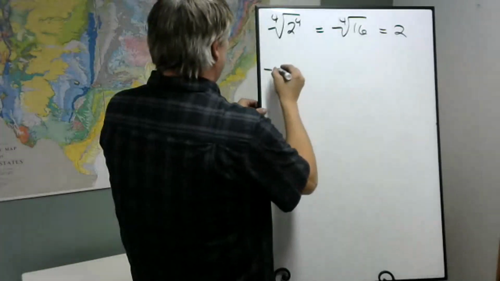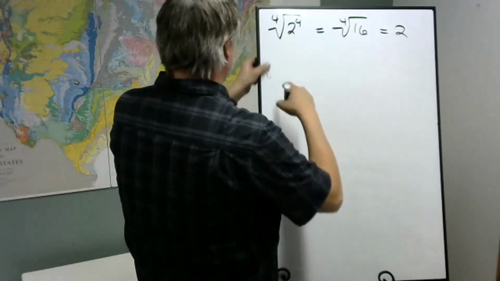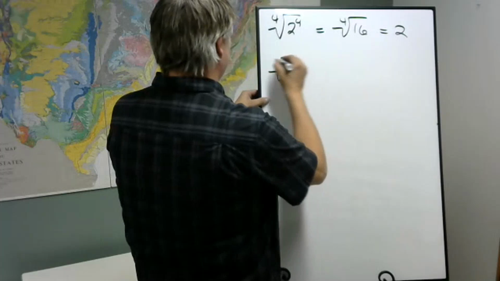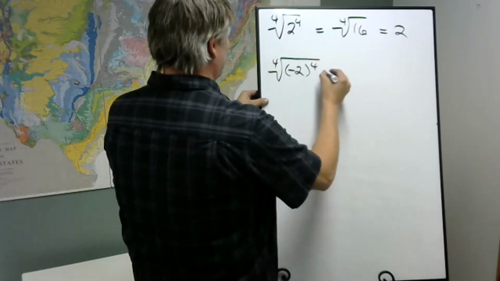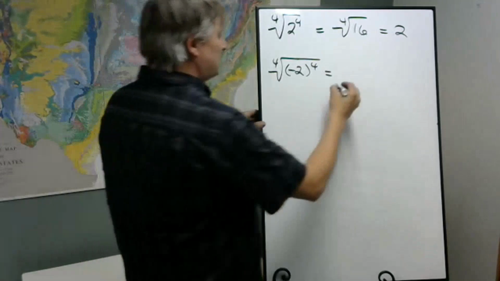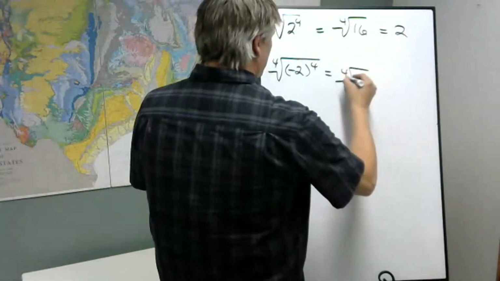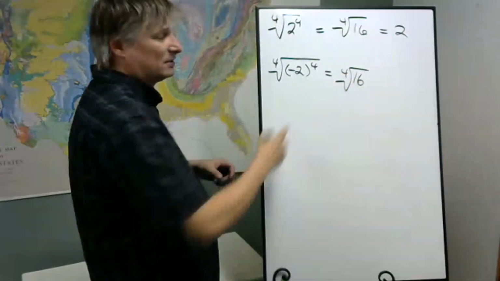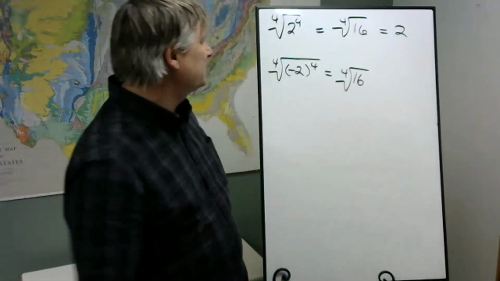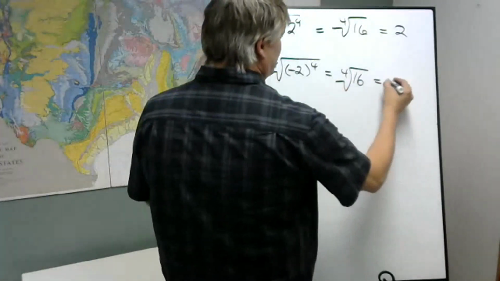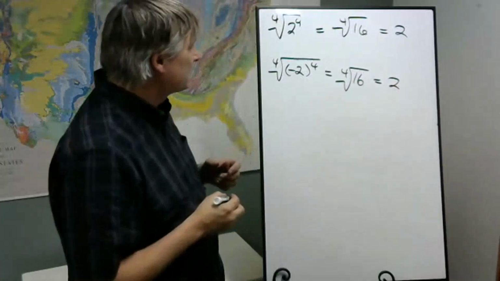And if we have this, well, again, this will be the 4th root of 16, but again, positive root. There's no minus in front. So what's the positive root of 16? Well, it's still going to be 2.